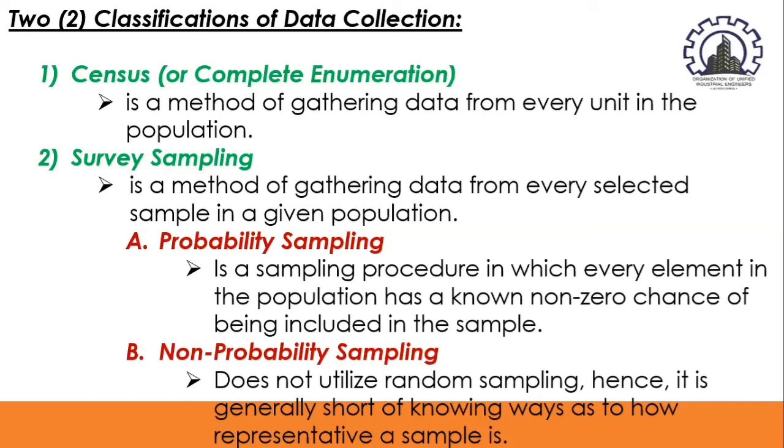It has greater scope, speed, and accuracy as well. Now, survey sampling can either be probability sampling or non-probability sampling. Probability sampling is a sampling procedure in which every element in the population has a known, non-zero chance of being included in the sample selection.